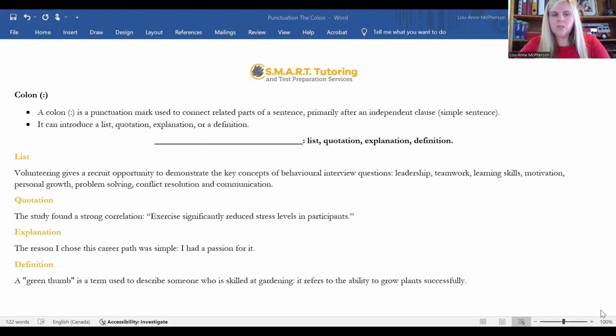So if you were looking to define a green thumb, you're going to find green thumb in the passage and then again use the colon as a stake in the writing to help you identify where the definition of that term is. It's going to be immediately after the colon. So in this case, it refers to the ability to grow plants successfully. That's going to be the definition of the green thumb.